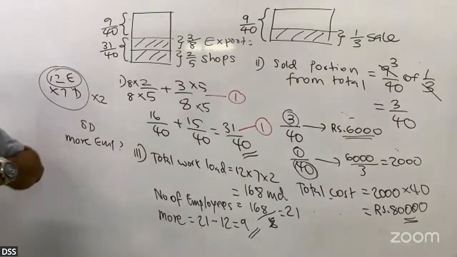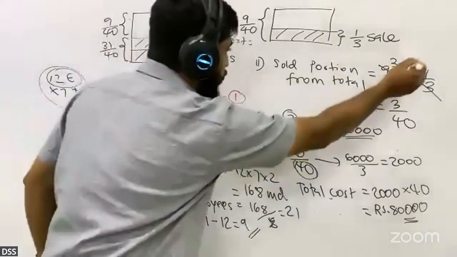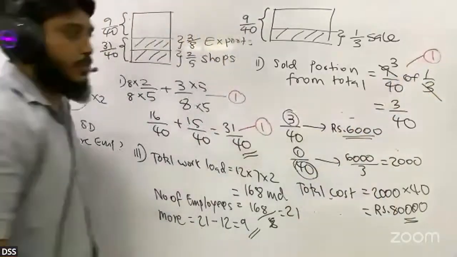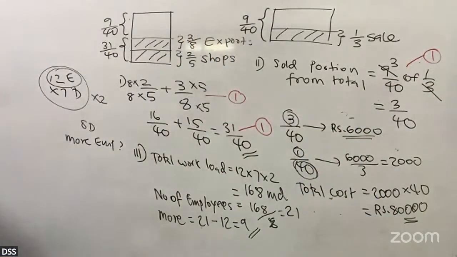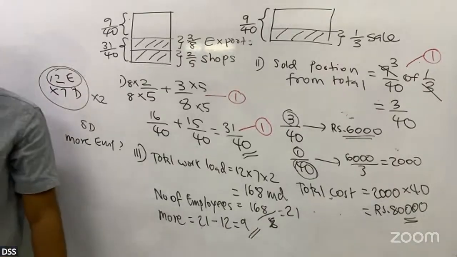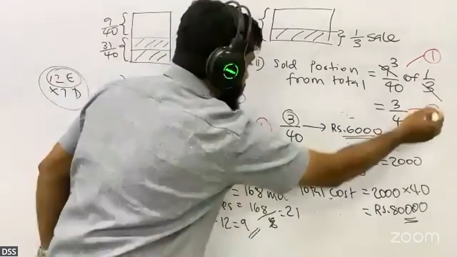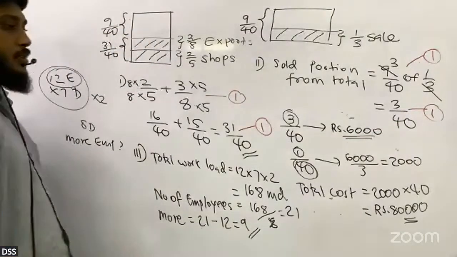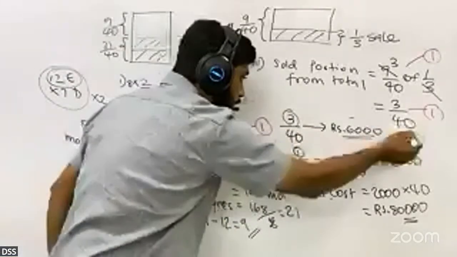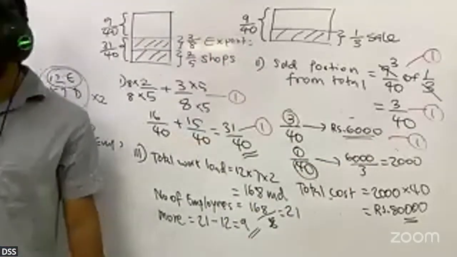For getting 3 over 40, again 1 mark. Then for writing 3 over 40 into 6,000, they have given 1 mark.